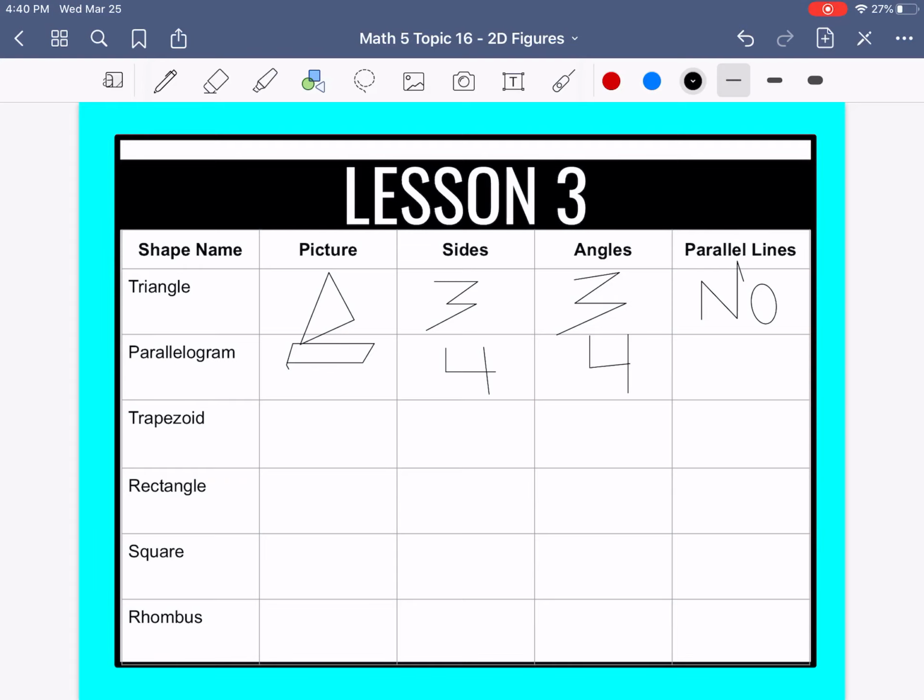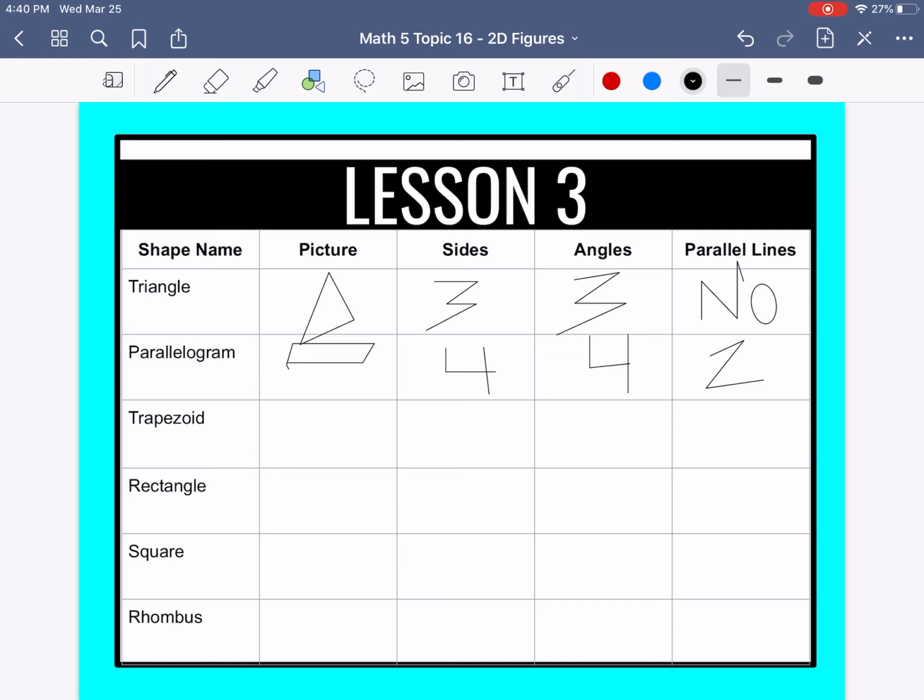Good. How many sets of parallel lines do we have? Yes, we have 2 sets of parallel lines. Oops, that one wasn't good. Let's try that again. There we go. It has 2 sets of parallel lines because to be parallel, you have to be talking about 2 different lines at the same time. Okay?